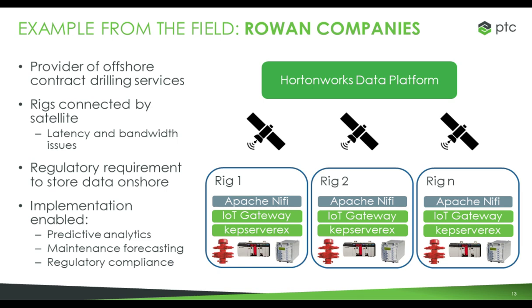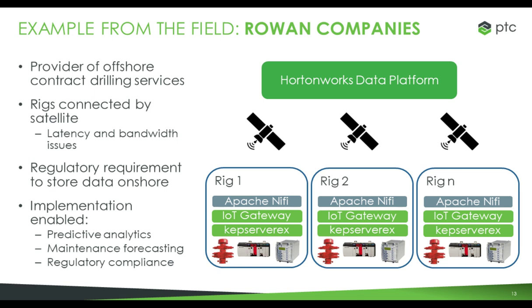And what they did, which was really pretty innovative, was to use Apache NiFi not only to downsample the data, so they weren't sending as much over a transport medium with such limited bandwidth as I alluded to earlier, but also to take advantage of the robust fault tolerance and guaranteed delivery tools to ensure that the critical data arrived on shore, even in the case of a temporary communication failure.